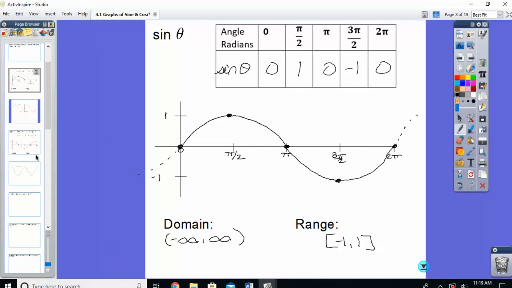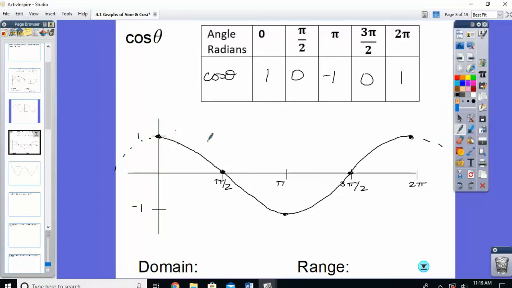For cosine, what's your domain? Same thing, keeps going, and the range would also be negative 1 to 1, because those are the high and low points.